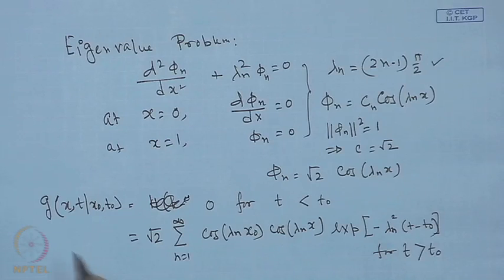So, this is how the Green's function solution is obtained. In the earlier problem we had the sine functions as the eigenfunctions, and in this case we have the cosine functions as the eigenfunctions, and the eigenvalues will be (2n minus 1) pi by 2 instead of n pi.